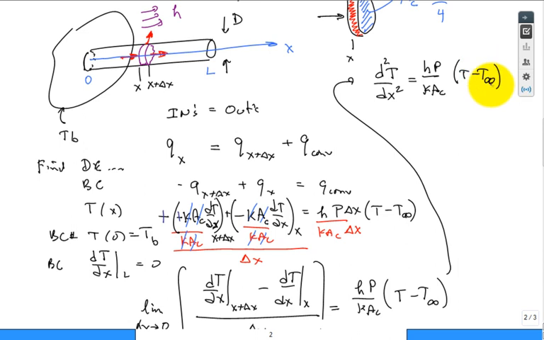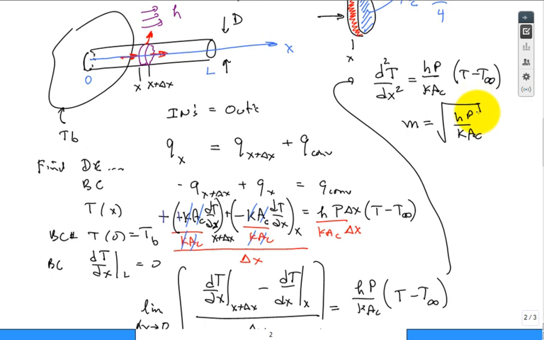Does that look like a good differential equation? Sure does. The book cleans it up a little bit and will introduce m as a parameter, which is the square root of h p divided by k A sub c.